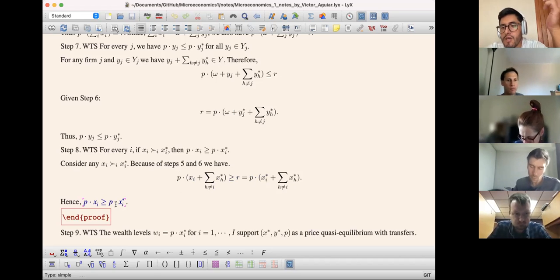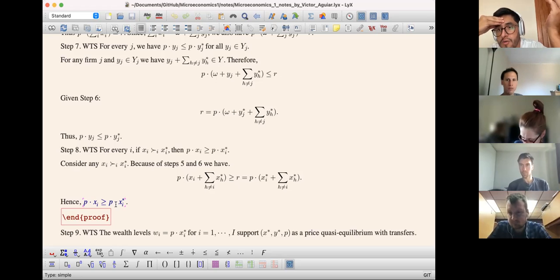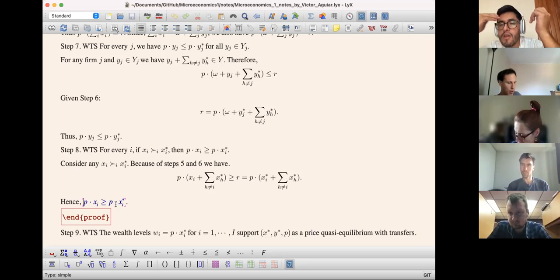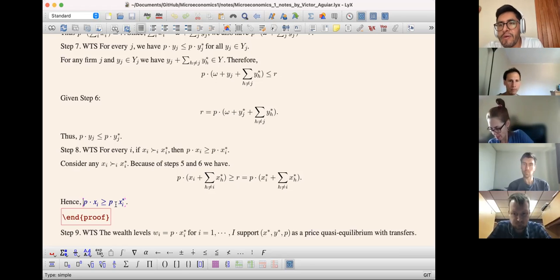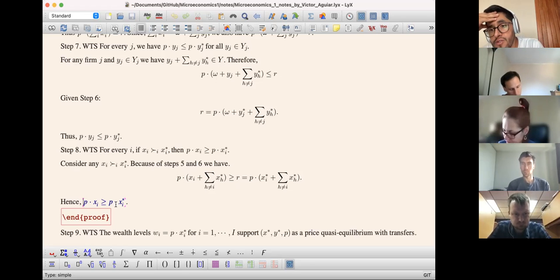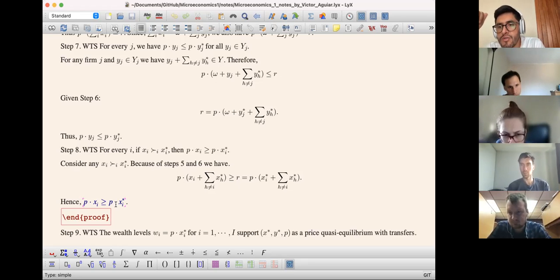All of this is possible because capital Y, the production sets, are convex, and the upper contour set of the preferences is convex. It's also possible because of local non-satiation, okay? Now, there are some caveats here. First of all, remember what is the use of the second welfare theorem. The second welfare theorem essentially tries to implement a Pareto allocation, right?